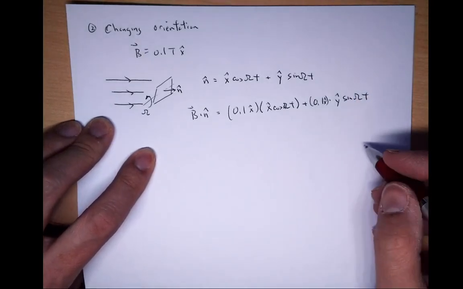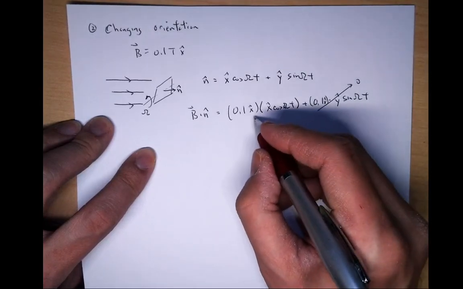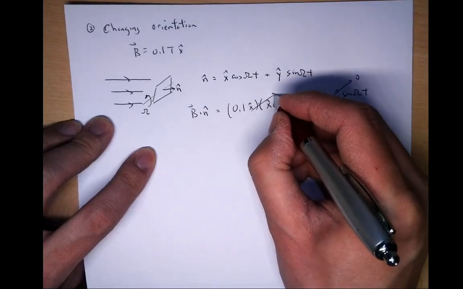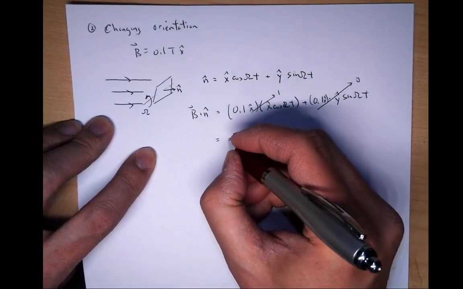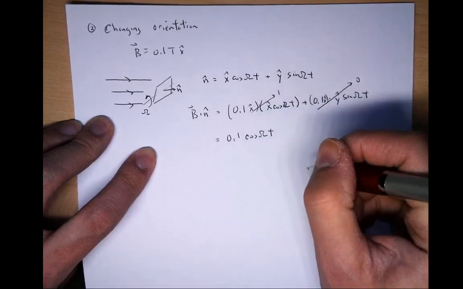X hat dot y hat goes to 0, x hat dot x hat goes to 1. So that's just 0.1 cosine omega t.